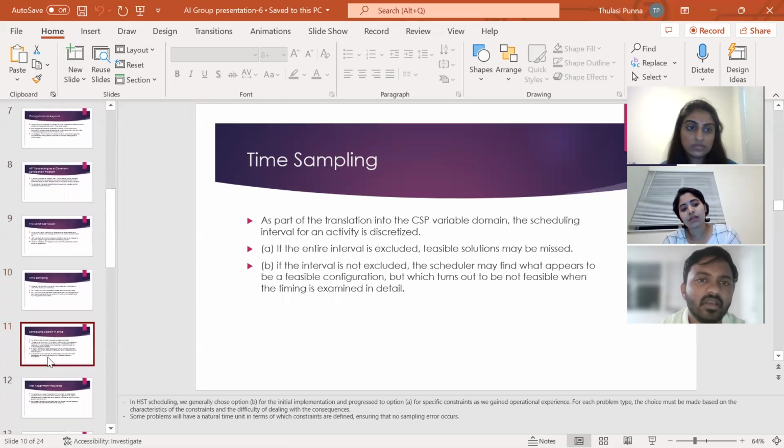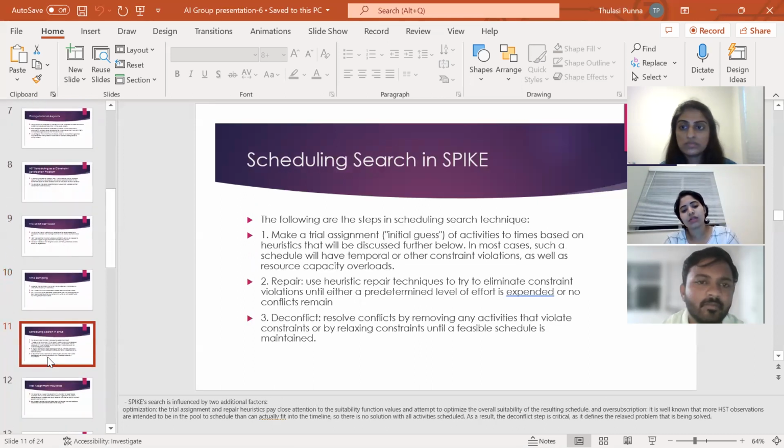The next one is scheduling search in Spike. There are mainly three types of techniques in Spike scheduling: make trial assignment, repair, and deconflict. In the first one, we assign activities to times based on heuristics that will be discussed further below. The schedule may have temporal or other constraint violations as well as resource capacity violations.